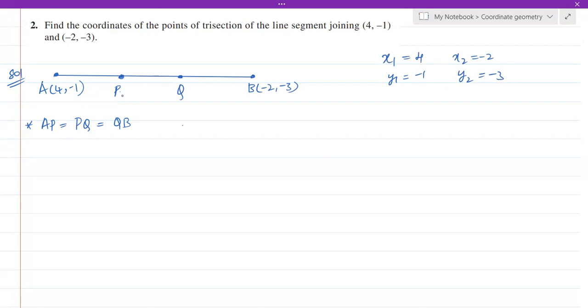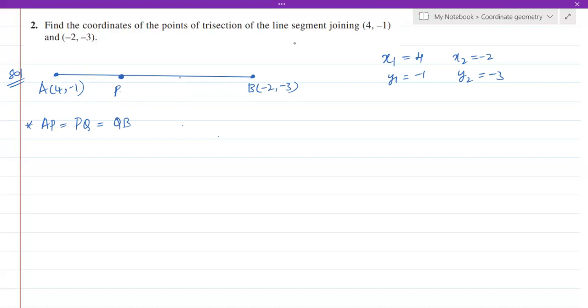Now observe. So here, to find the value of P, let's forget this Q for a minute. If you forget the Q, this is how the figure is. If you want to find the value of P, you should know the ratio in which it is dividing.